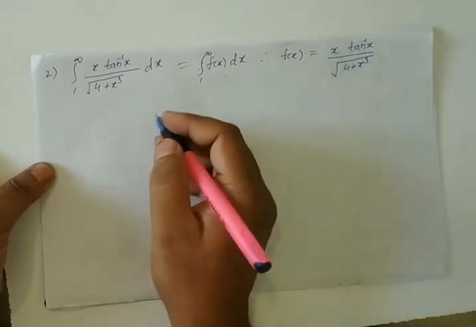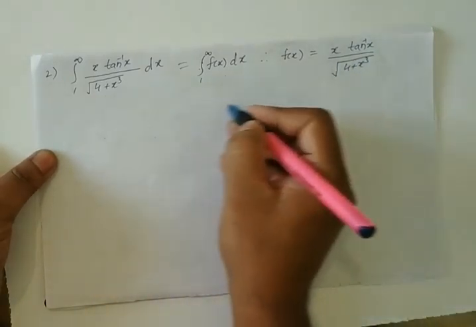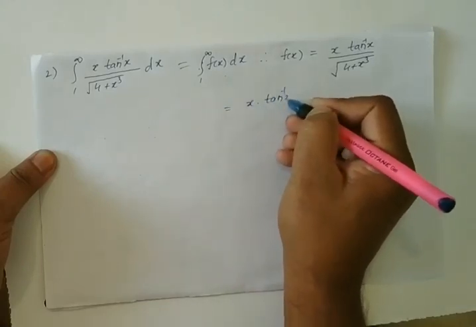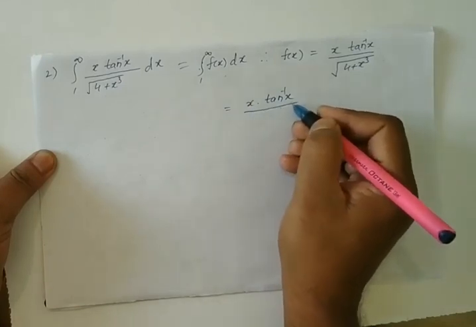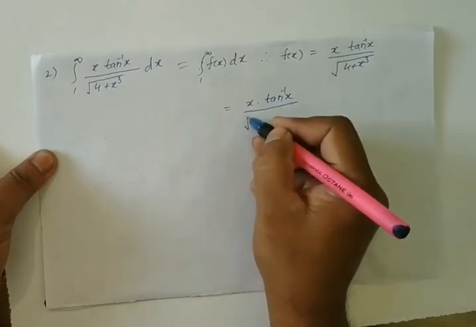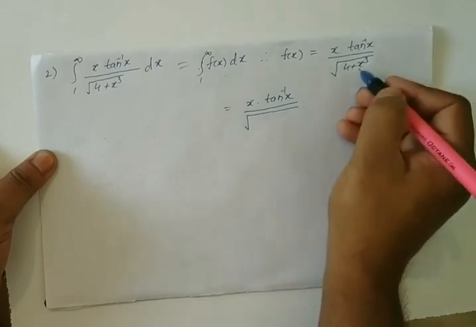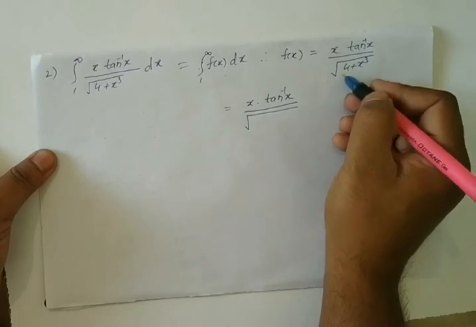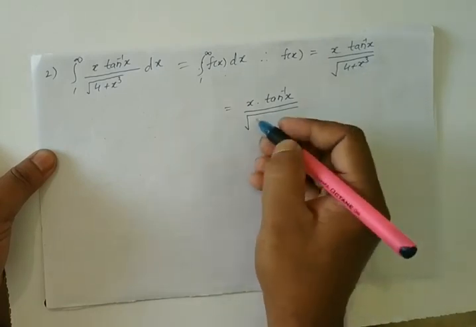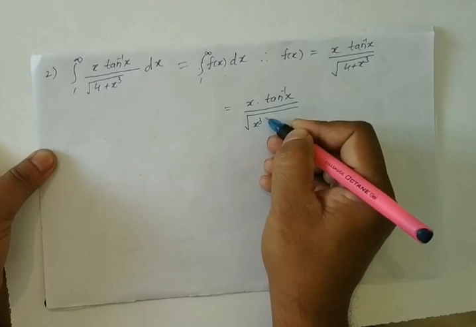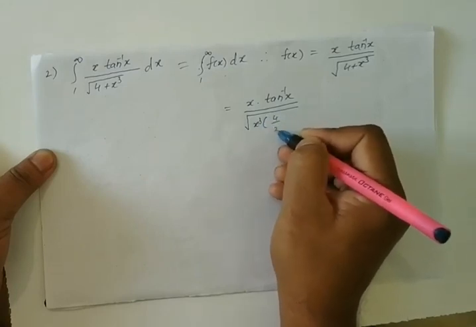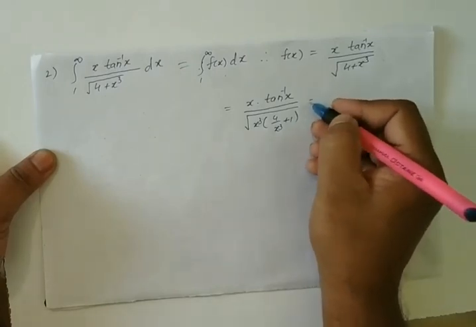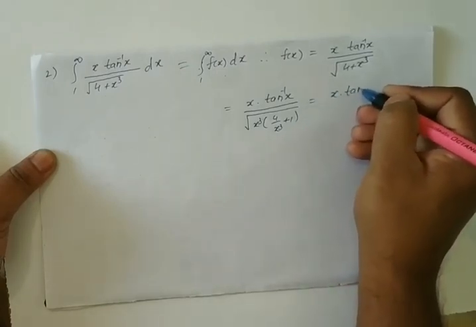So here f of x can be written as x into tan inverse x by root of, so here I am taking x cube as a common factor from the term 4 plus x cube. So here we get x cube of 4 by x cube plus 1. Clear?